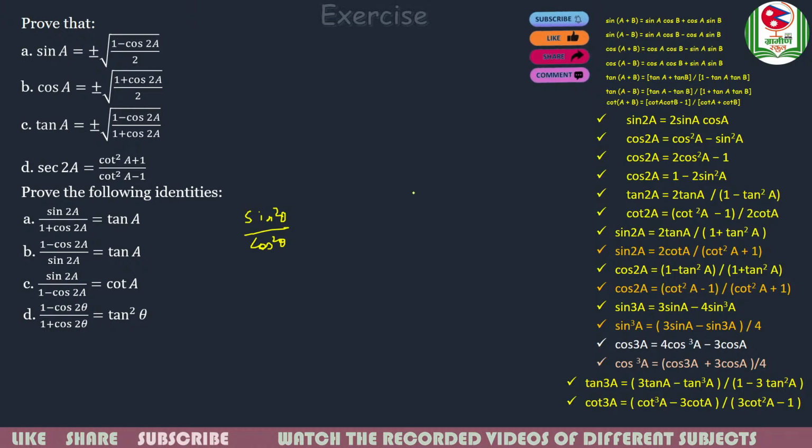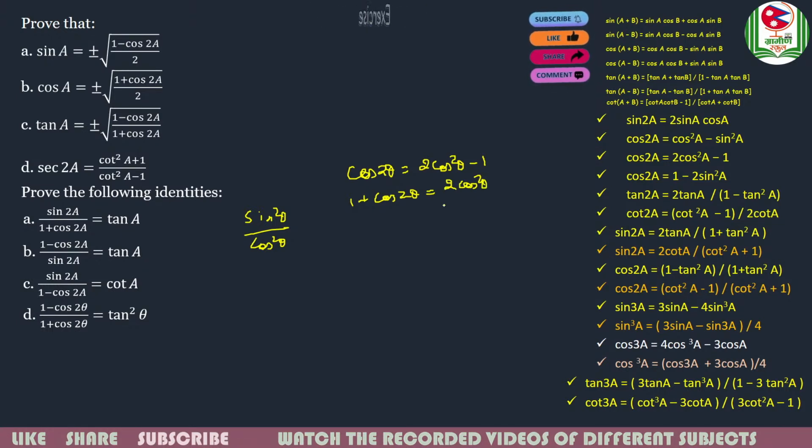So from cos 2 theta we get cos 2 theta equals 2 cos square theta minus 1, this in terms of cos. So 1 plus cos 2 theta is equal to 2 cos square theta.